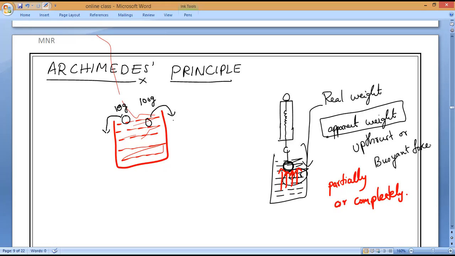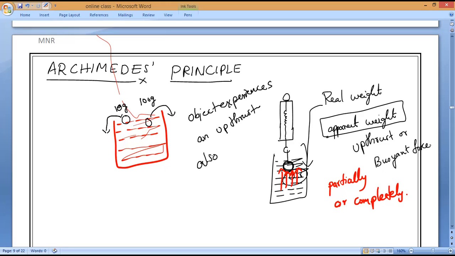And that is what I'm saying. Remember, all of you, Archimedes found that when any object is immersed in a liquid, the object experiences what force, guys? An upthrust force, upthrust or buoyancy force.